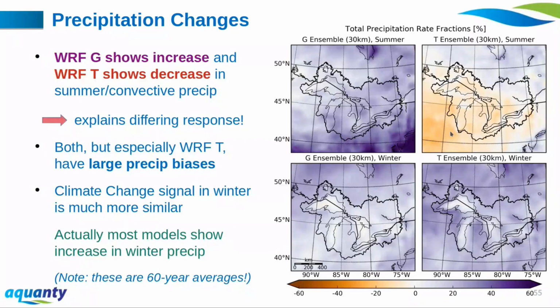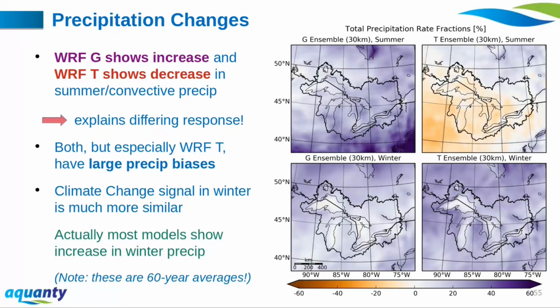The way that convective precipitation is represented is different, whereas WRF G simulates an increase in convective precipitation. And this is just model uncertainty, and this is something you may encounter. And then the result of the study is essentially just inconclusive, and this is a possible result that you need to be open to. Because of model uncertainty in the Great Lakes region, we don't really understand very well what the climate change impacts are going to be.